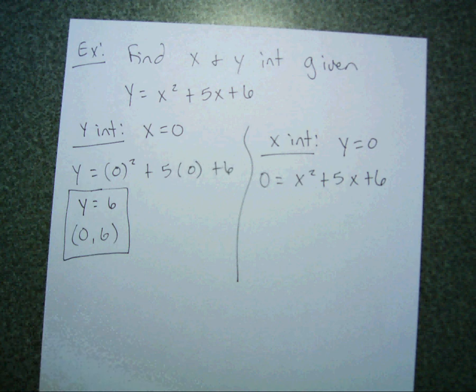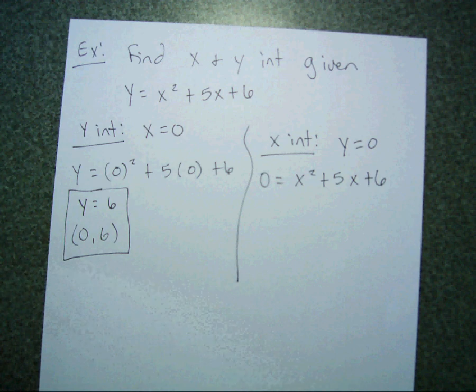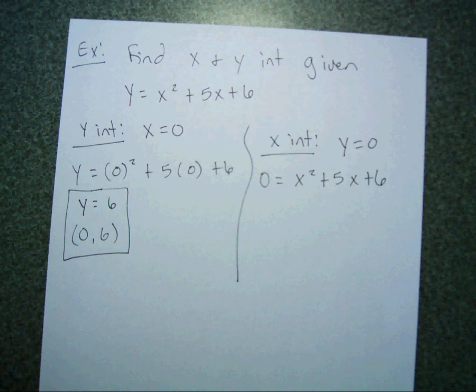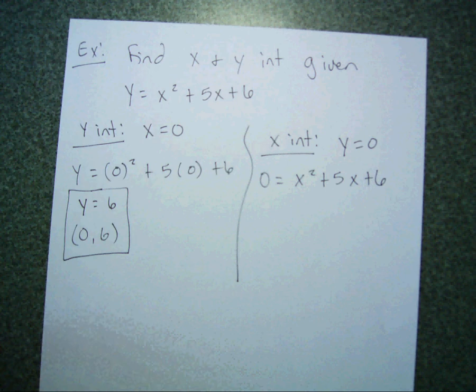I could try factoring, right? What other options do we have? I could do the quadratic formula. It'd be ugly, but what else could I do? Thank you, Jazz. Completing the square, right? So we actually have 3 different options. I don't care which one you use, whichever one is best suited to your liking, that's totally fine. But you need to use one of them, all right?